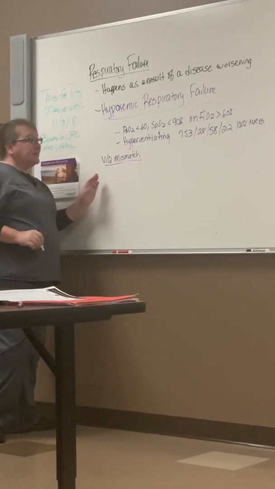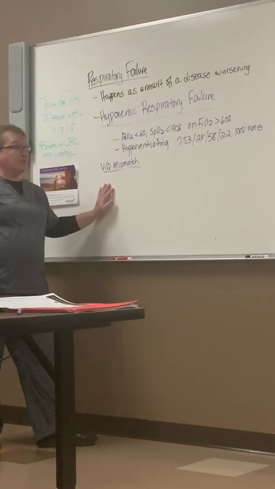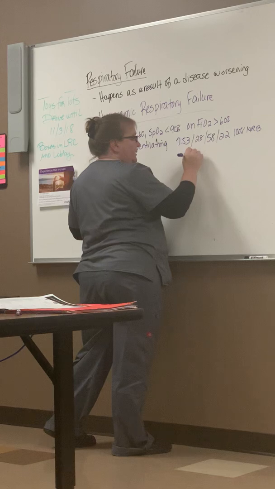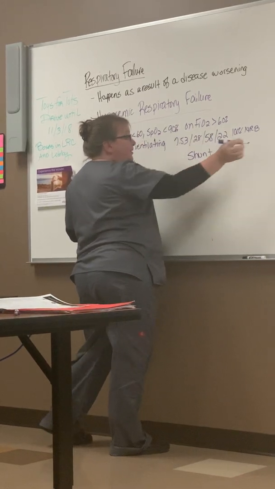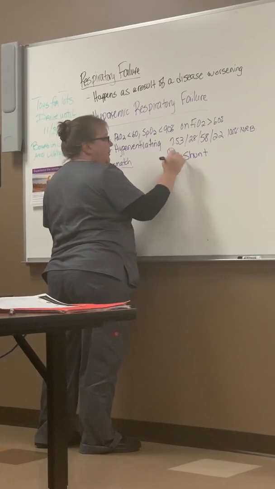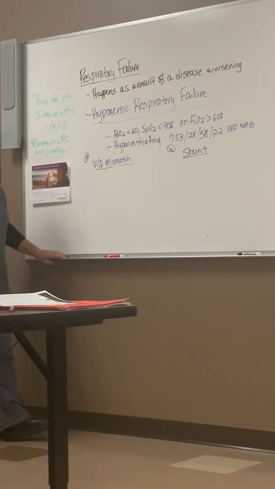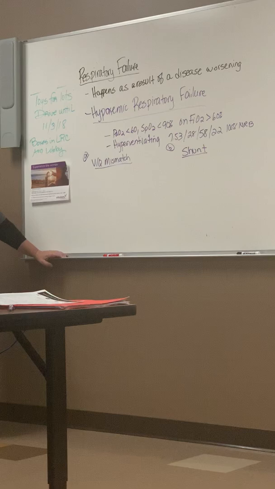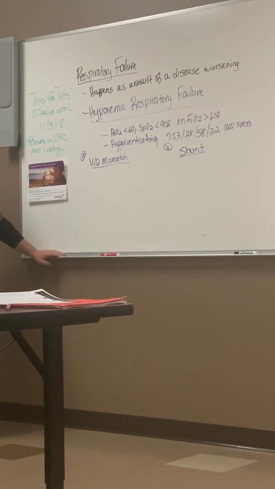Okay, so we're going to distinguish between VQ mismatch and shunt. There's going to be 3 under this one too. So A is VQ mismatch and B is a shunt, but these work well to do them side by side. Because it's never both, it's one or the other.